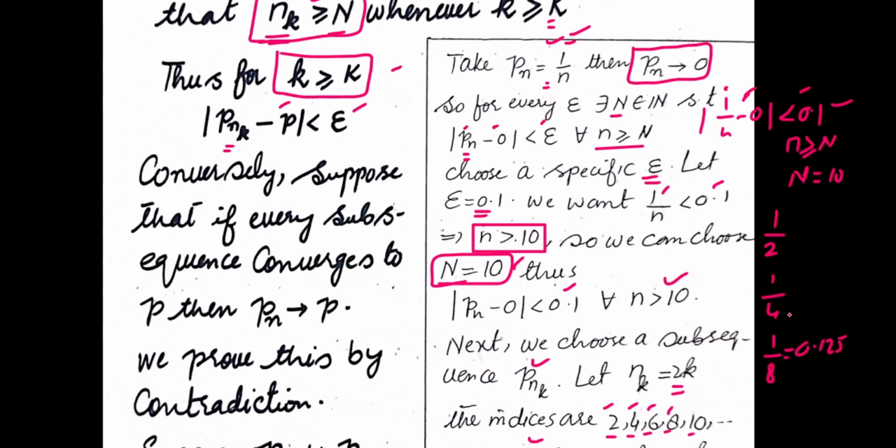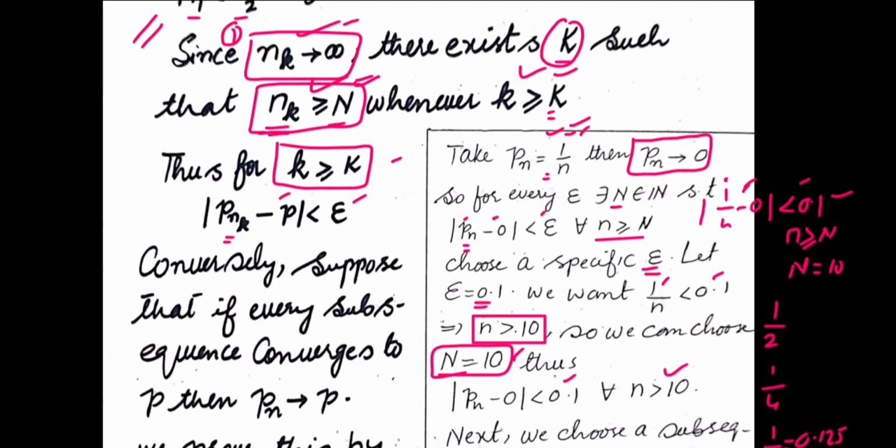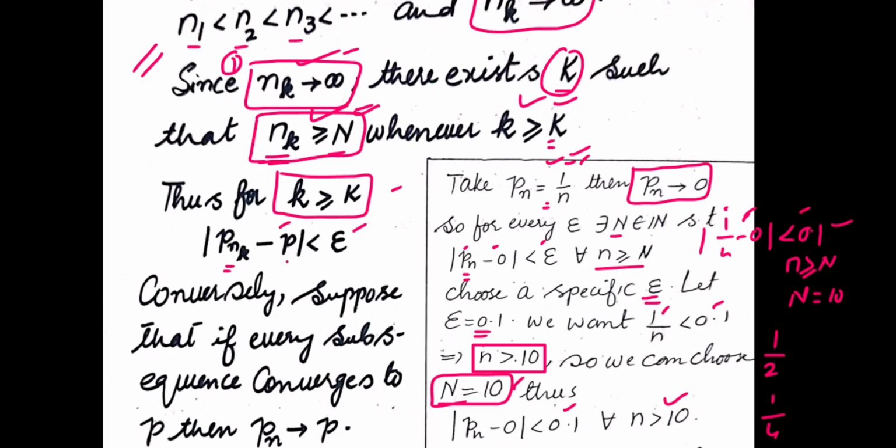So you can notice that whenever you increase n, this sequence approaches 0. So for all of these terms 2, 4, 6, 8, 10, your subsequence again approaches 0. So it is clear from this example that your subsequence always approaches the same number p as your sequence approaches. So this shows that your subsequence also converges to p.